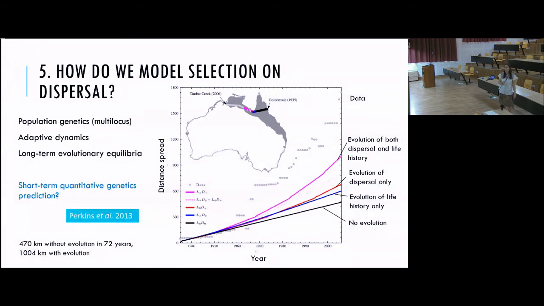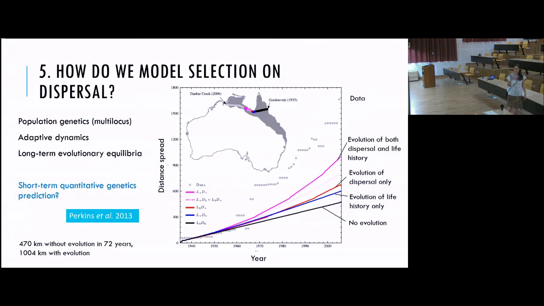And it's only quite recently, motivated again by transient processes such as invasion processes, that there were some short-term quantitative genetics models of dispersal evolution. I find these really interesting because in many applied contexts, we understood a lot about the evolutionary forces acting on dispersal through those long-term evolutionary equilibria, but those are not really relevant to understanding the dynamics affecting processes of recolonization or invasion.